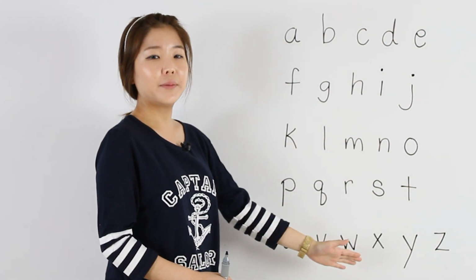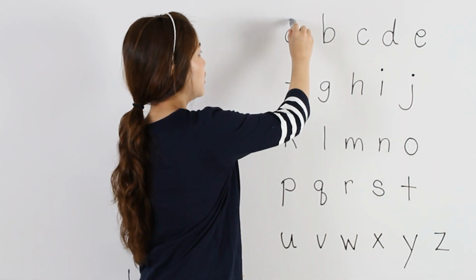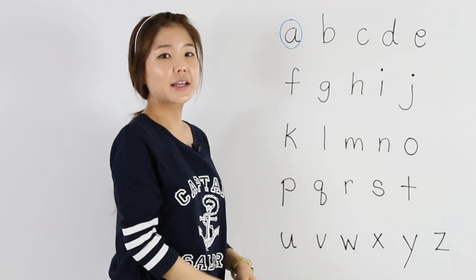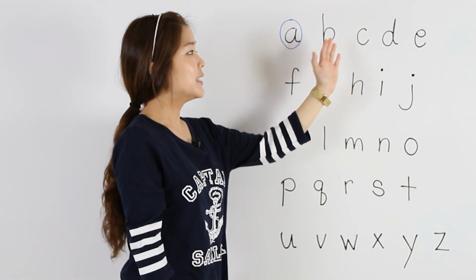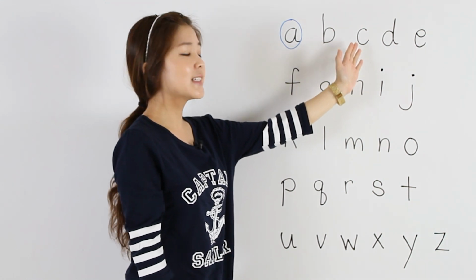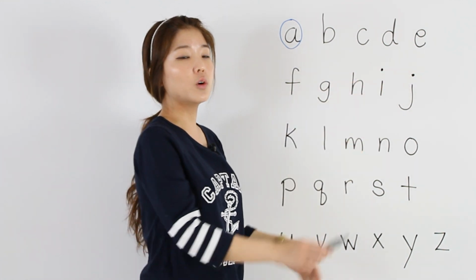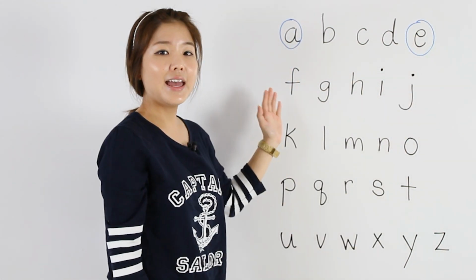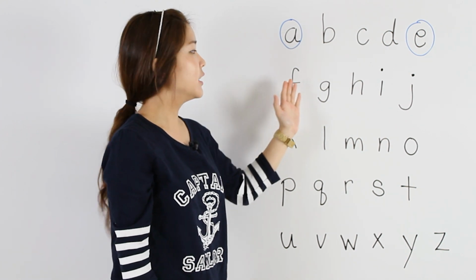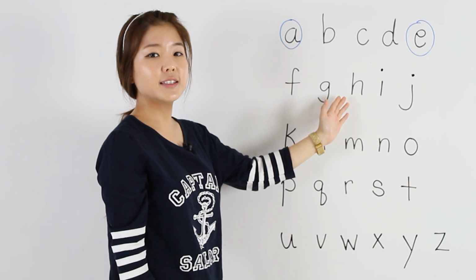Here's the alphabet. The first letter, A, is a vowel. The next letter, B, is a consonant. C is a consonant. D, consonant. E is a vowel. Then F is a consonant. G, consonant. H, consonant.